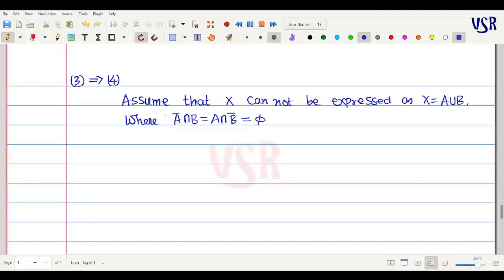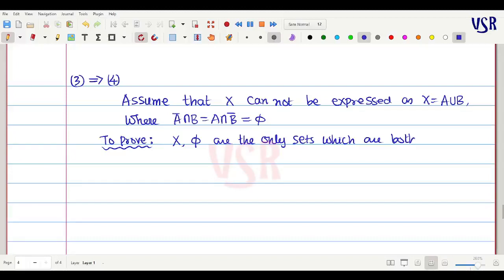Now what do we need to prove? The fourth statement: that the whole set X and the empty set are the only sets which are both open and closed.